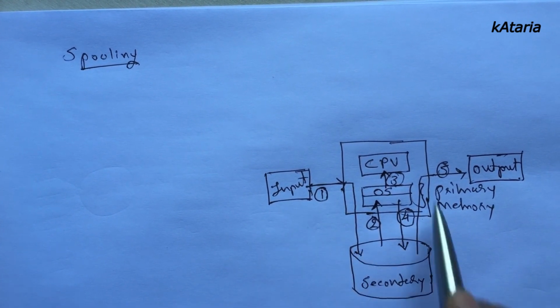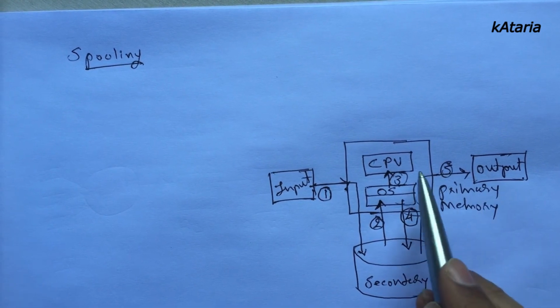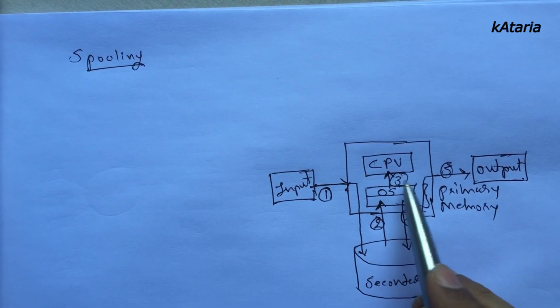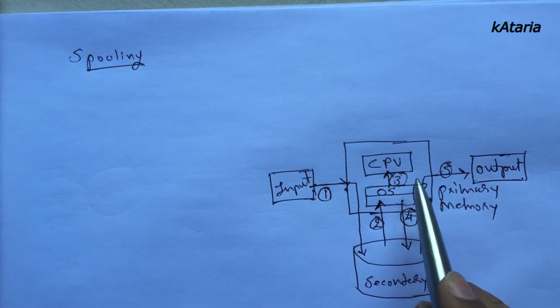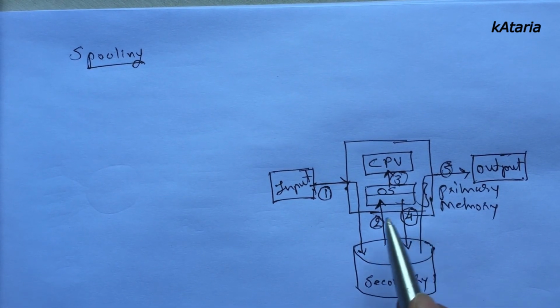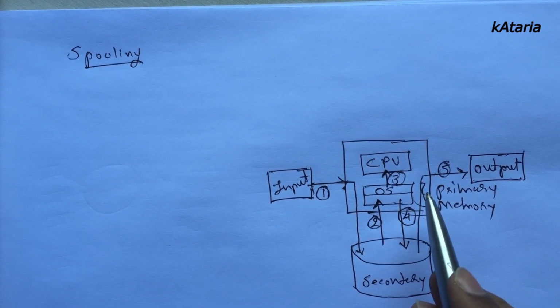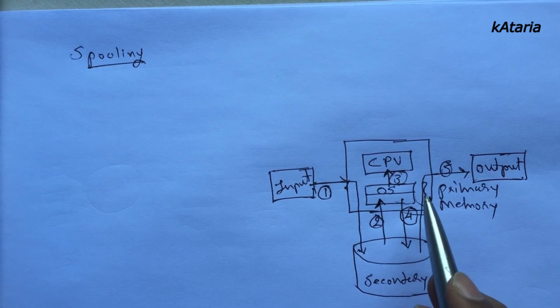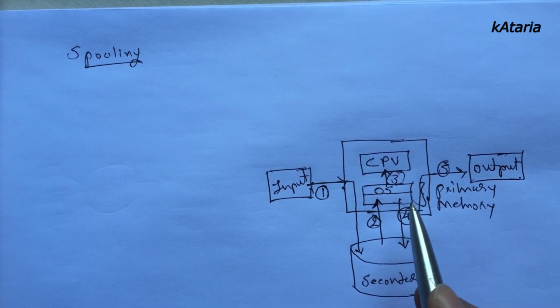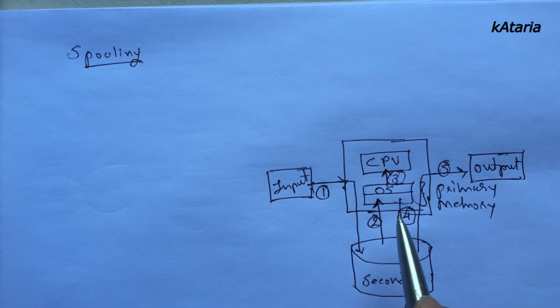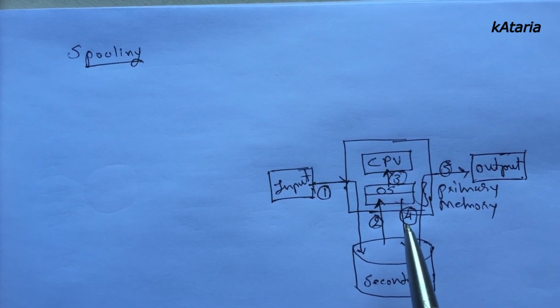So whenever loading and unloading is going on, at that time the CPU can execute some other programs. So here we are able to increase the speed of the processor. So that is one advantage over our earlier system and batch operating system.